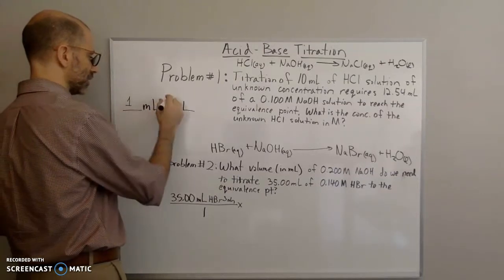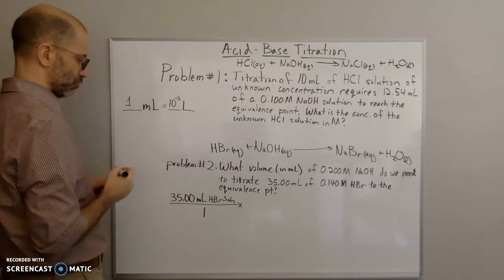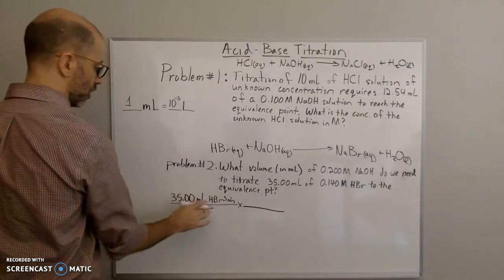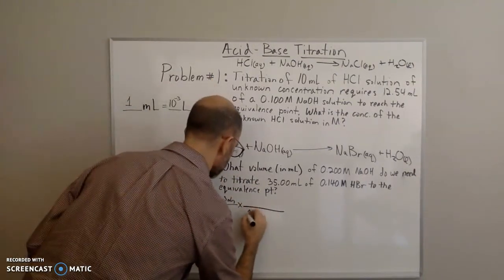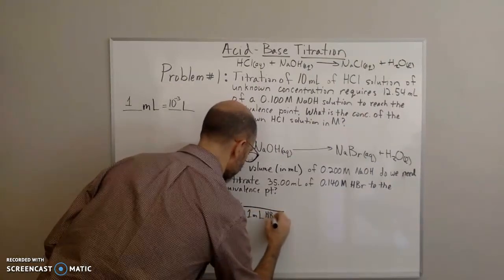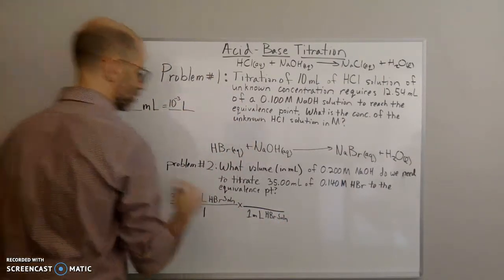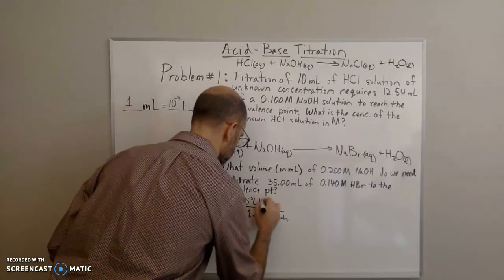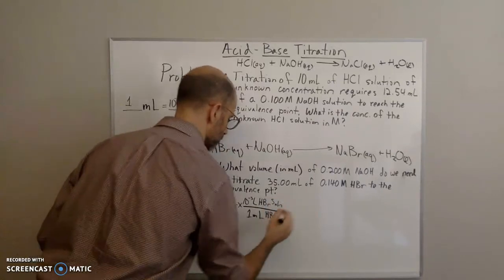So milli is 10 to the negative 3, so I'm going to write that there. Now I'm going to use that. The milliliters goes on the bottom, so 1 milliliter of HBr solution goes on the bottom. And then liters goes on top, so this is going to be 10 to the negative 3rd liters of HBr solution.